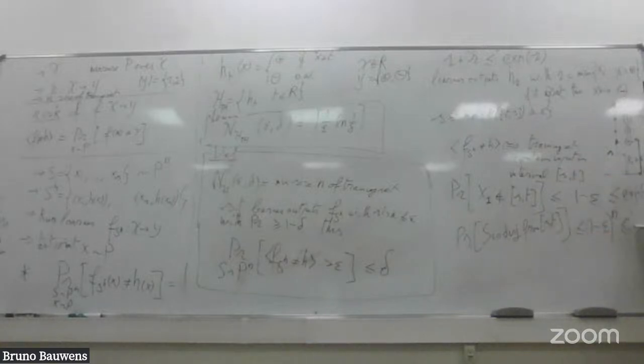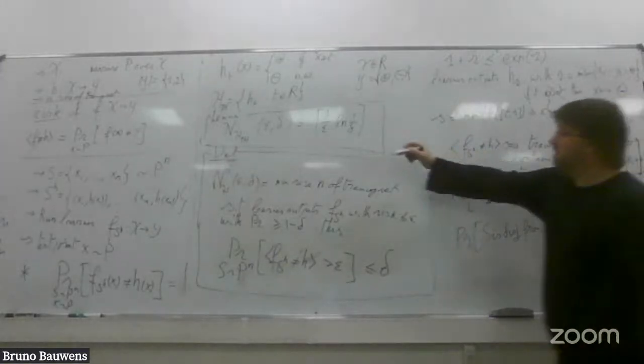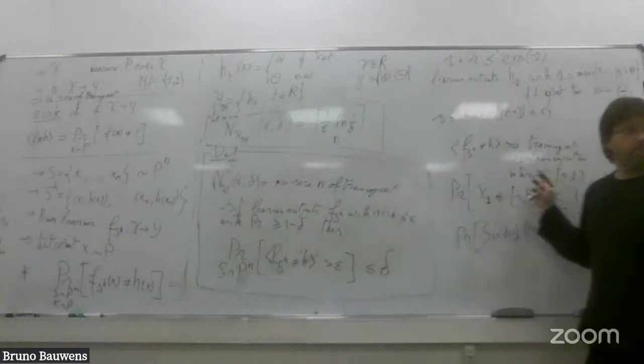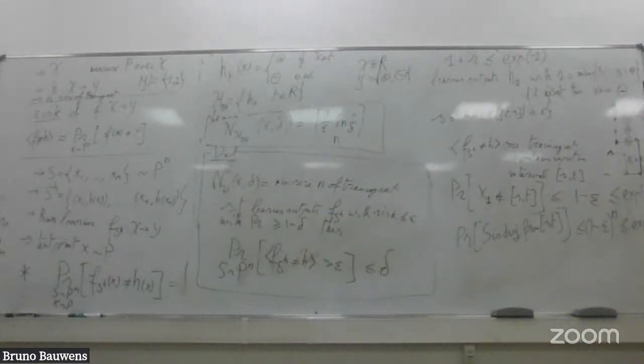And so this is smaller than exponent minus epsilon n. Okay, and now if we substitute this value for n, then we see that this is smaller than delta.